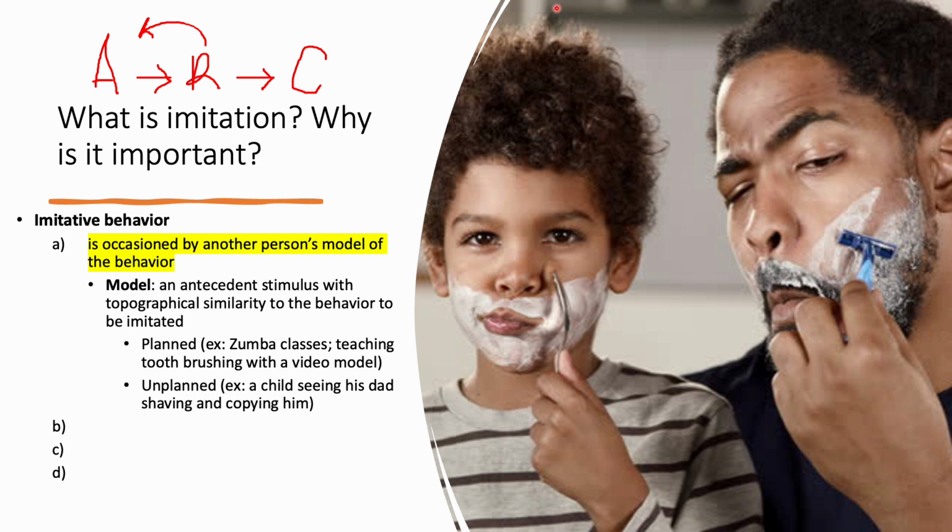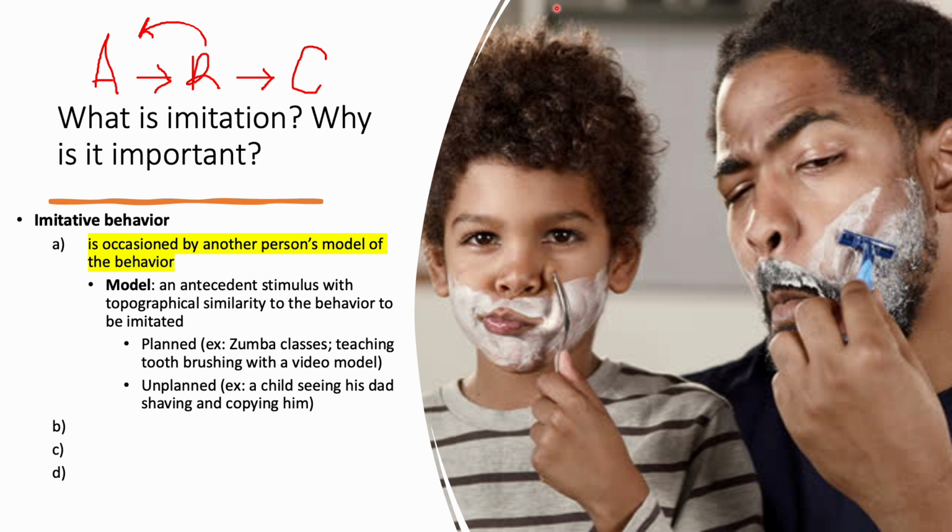Or at the beginning of the class, they might have said, okay, I'm going to demonstrate the dance moves for so-and-so song, copy along with me. And then the class goes ahead and they follow those steps that the instructor is modeling. So a Zumba class is an example of a planned model.